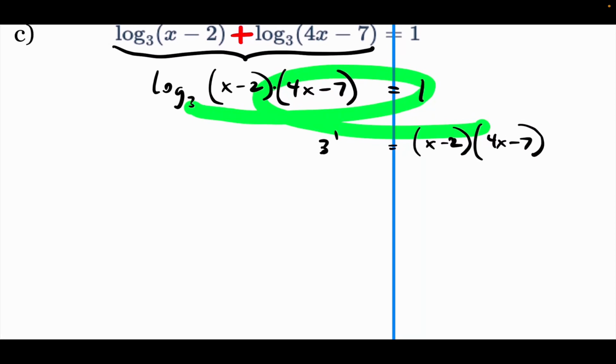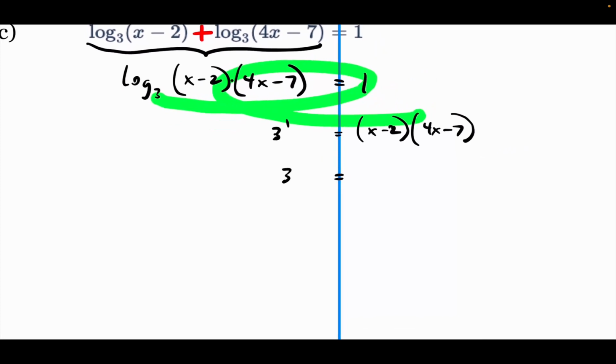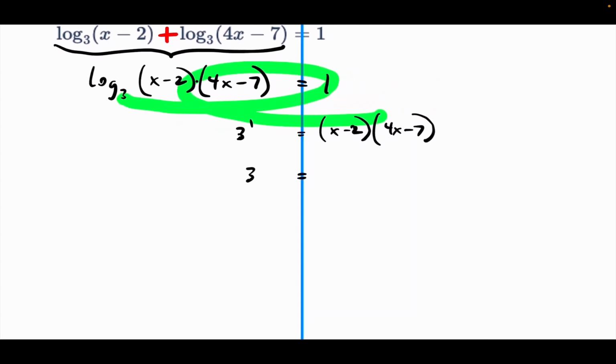Well, 3 to the first power is just 3. What am I going to do with the two parentheses, guys? How do I simplify those to get to solve? Distribute. How did we do this with 2 terms times 2 terms?